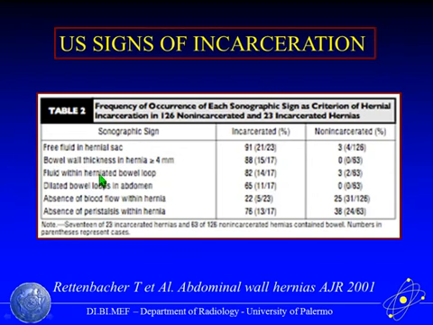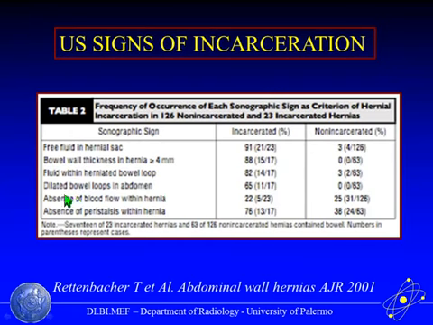So if the wall thickness is equal to or more than 4 millimeters, we talk about wall thickening of the bowel loop. We also can find fluid within the herniated bowel loop.